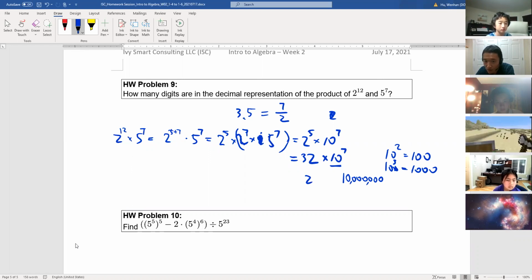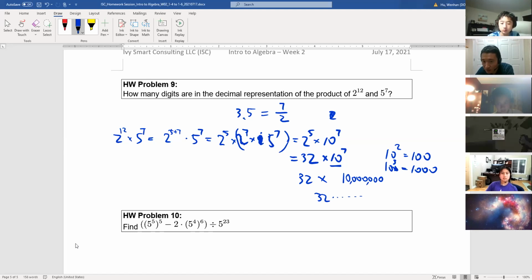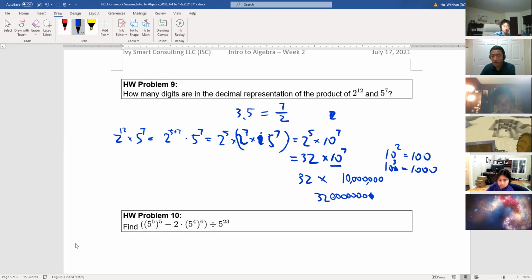So you have 32 in front. 32 times 1 with 7 zeros will be 32 with 7 zeros. So in total, we'll have 7 zeros and the 3 and 2.